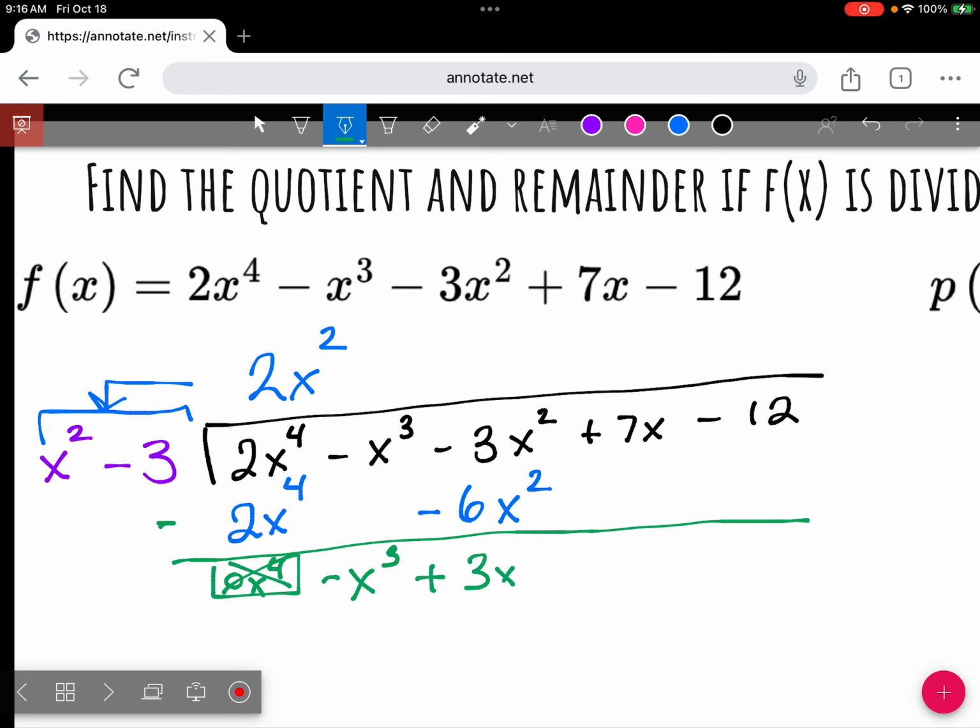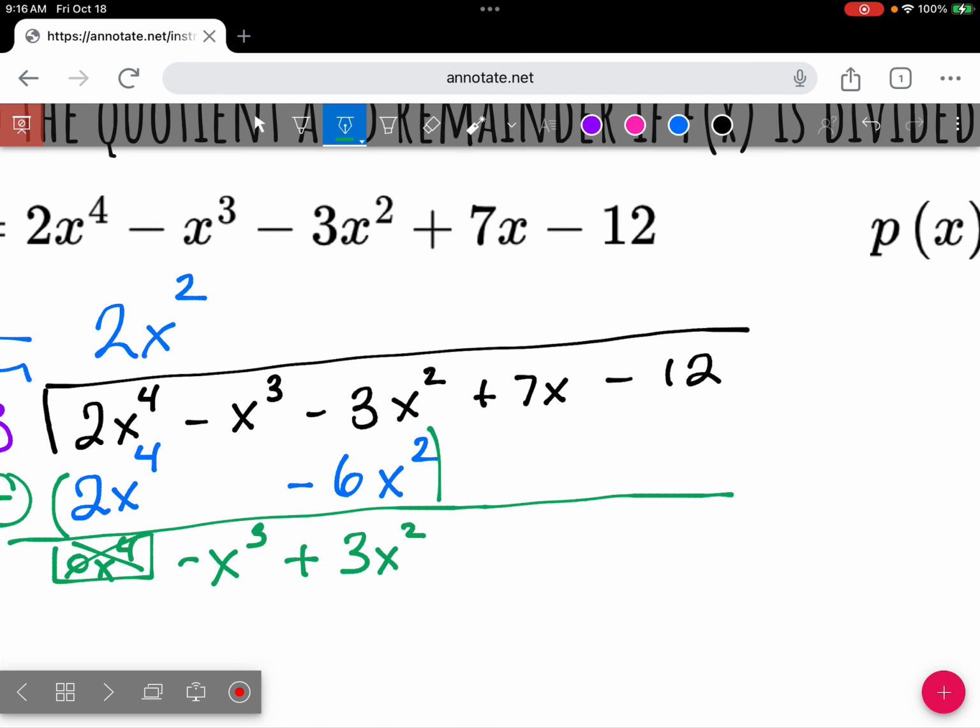Positive 3x squared, because we are subtracting negative 6. That is honestly the most common place we lose this. We've got to remember we are subtracting, so we wind up with a double negative situation here. My plus 7x and my minus 12 just drop down. And that completes round 1 of division.